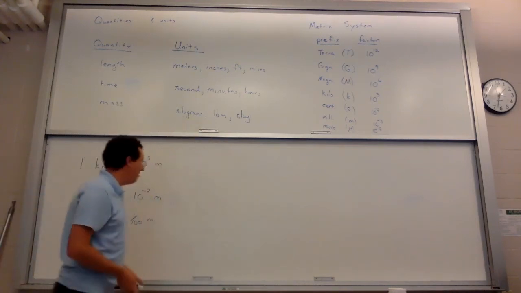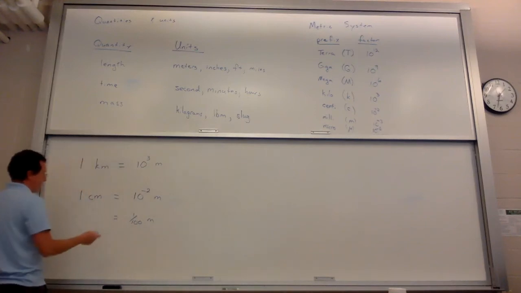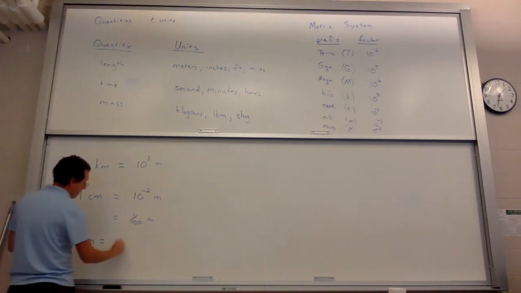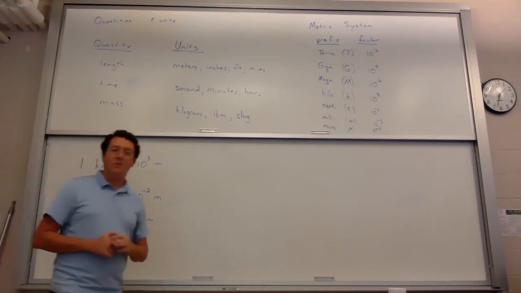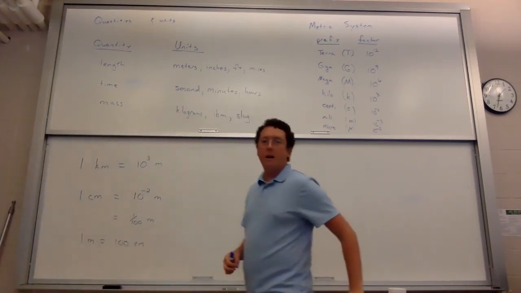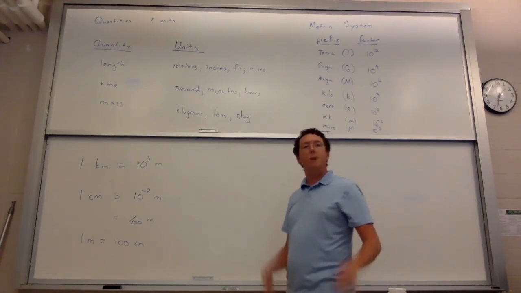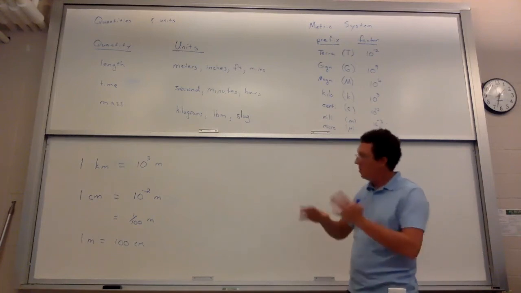You can turn this around, because of course there are equivalent ways to write this. I prefer to think of it as 1 meter is 100 centimeters, and I don't have any fractions around. So that's fine. I've kind of flipped that fraction upside down by moving it to the other side. But it's the same idea, and it's the same information, just rewritten.